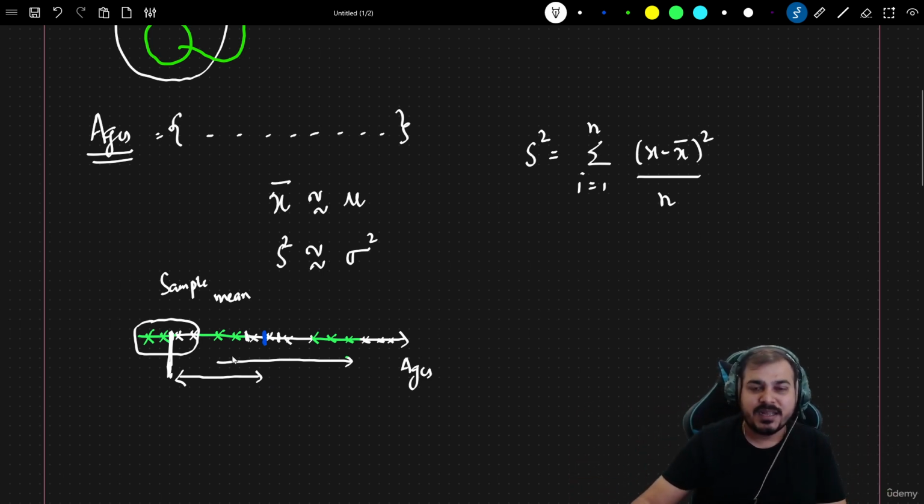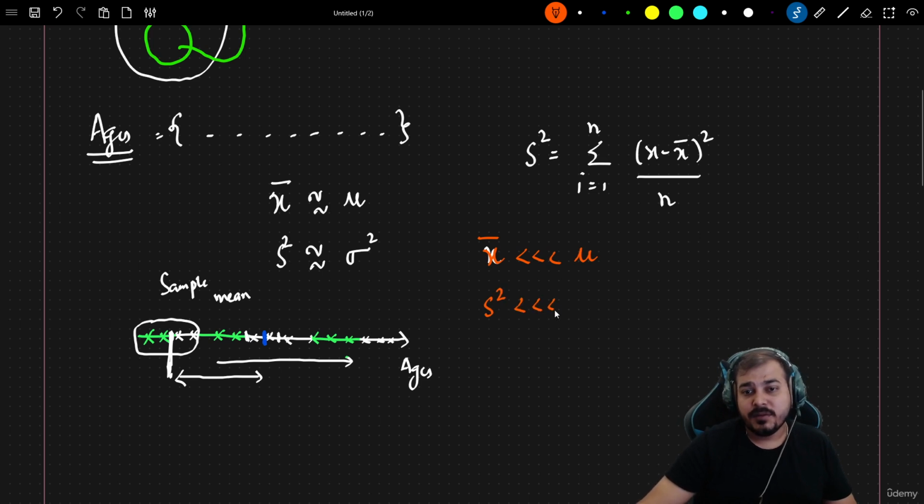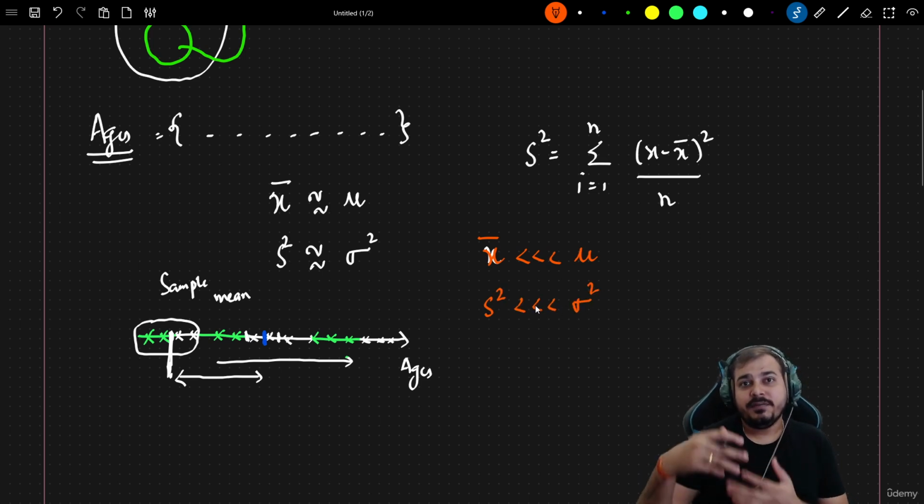So in this scenario I can come up with a conclusion: x bar will be very lesser than the population mean mu, and s square will also be very lesser than the population variance.